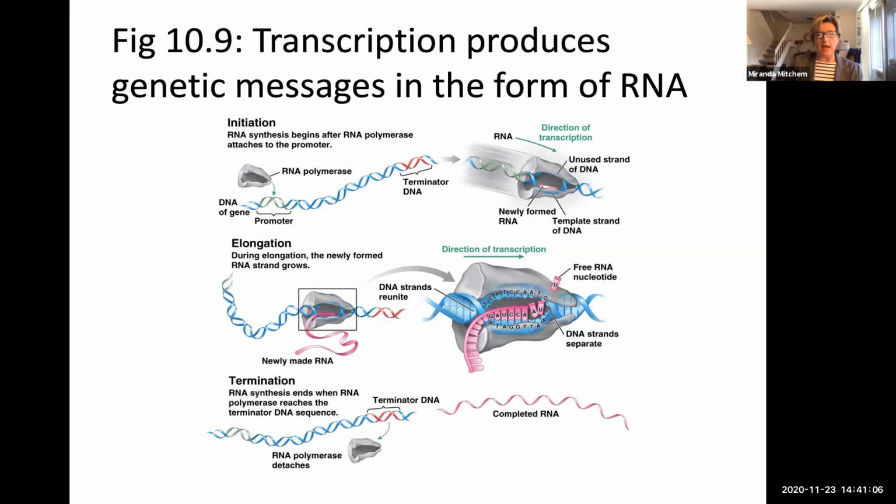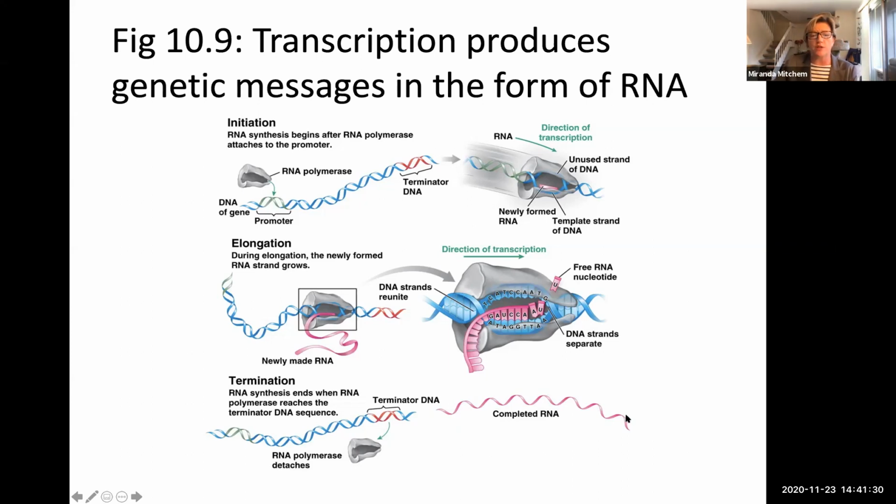Our next step, the final step of transcription, is termination. Now the RNA polymerase moves all the way down until it hits the terminator DNA. This is a sequence of DNA where the RNA polymerase falls off and then everything is done. We've got our completed strand of RNA.